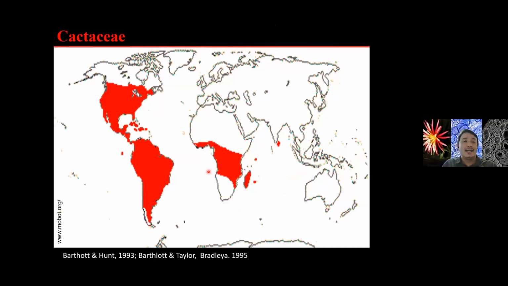So, as we know, the cactus family is a family from the New World, like the Bromeliaceae family, or, for another example, the hummingbirds. But there is one species in some forms that occurs naturally outside of the Americas: Rhipsalis baccifera, that occurs in Africa, Madagascar, Sri Lanka.